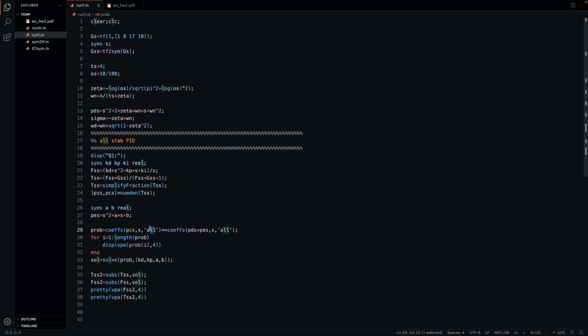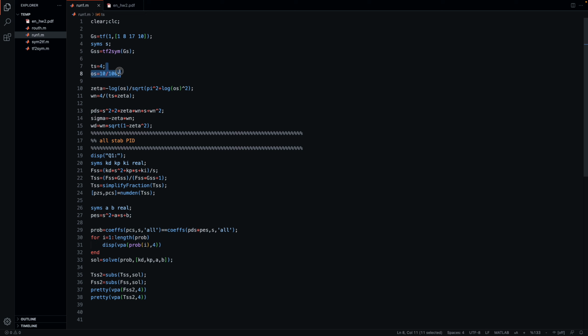So a part of PC(s), the closed loop transfer function characteristic polynomial, should have PD(s), which is the desired polynomial, and by definition, if zeta and omega n are positive, and if they are real values, then PD(s) should be a stable polynomial. So this portion here is guaranteed if zeta and omega n are positive.